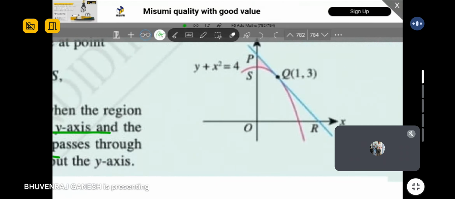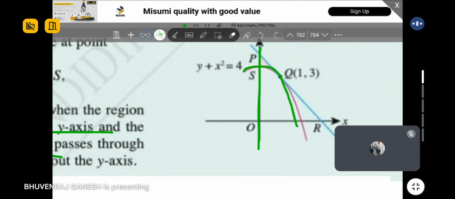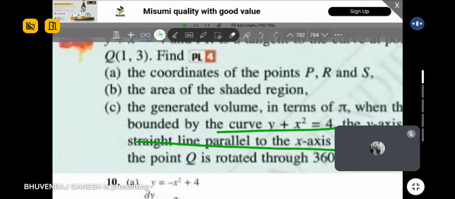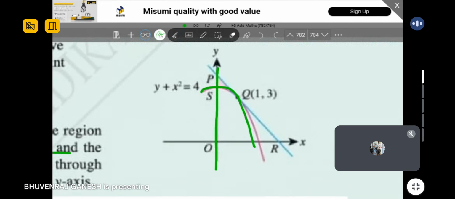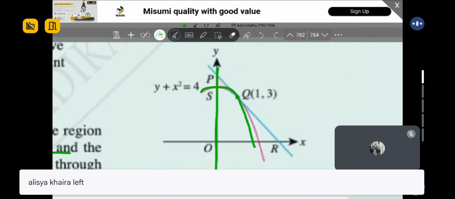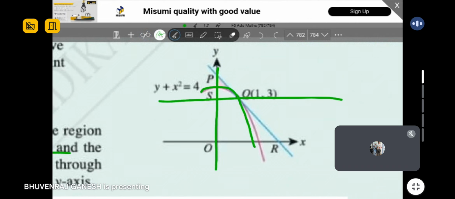So they say curve, the lengkung, and then y-axis, and another one is straight line parallel to the x-axis. I think it's this one, if not mistaken. Okay, so they want you to find this region over here, the volume. Kamu kena cari isi padu yang tu.